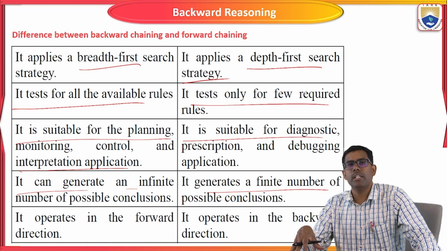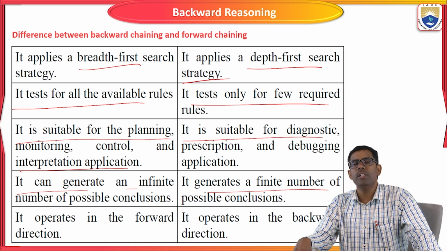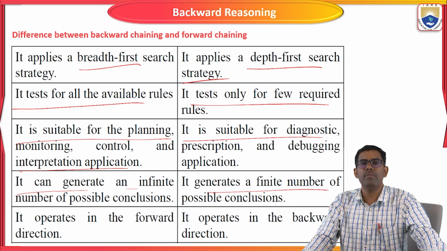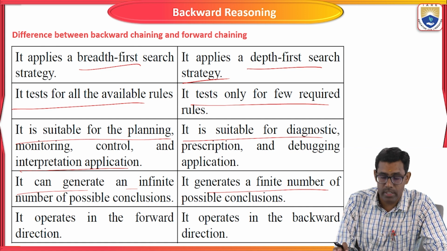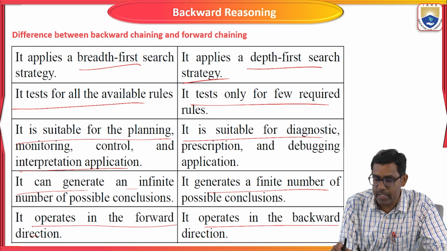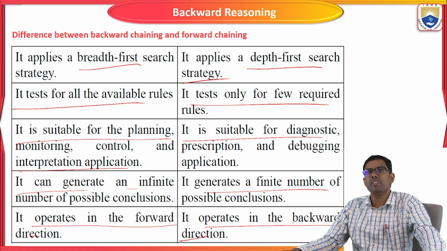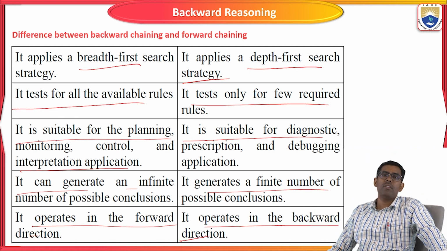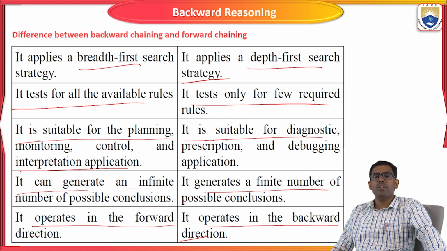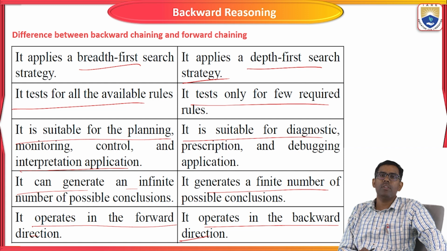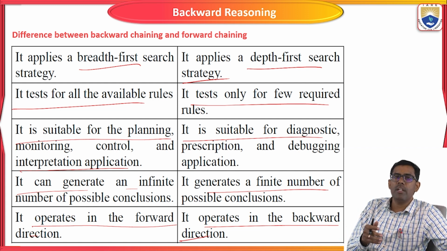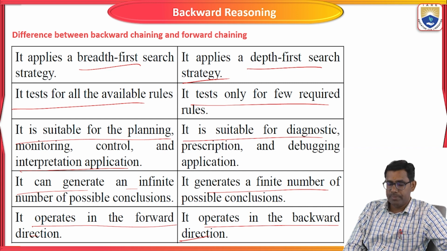We can say that this problem will produce only two or three solutions based on your problem statement if you are using backward reasoning. One operates in the forward direction, the other in the backward direction. The name itself gives the meaning of the forward and backward directions. This way, we apply rules of reasoning and knowledge to a particular problem statement in artificial intelligence machines.